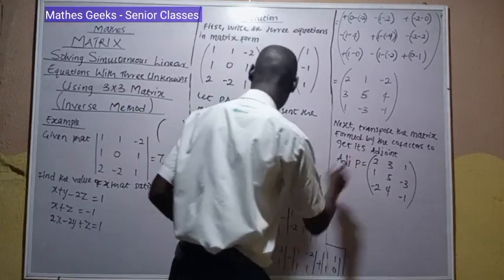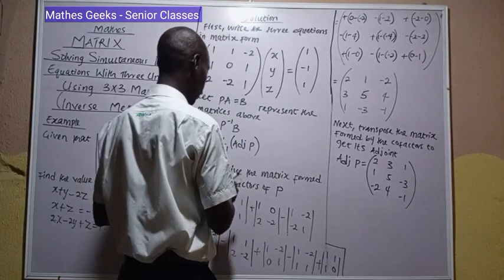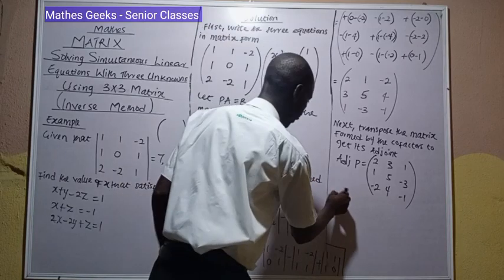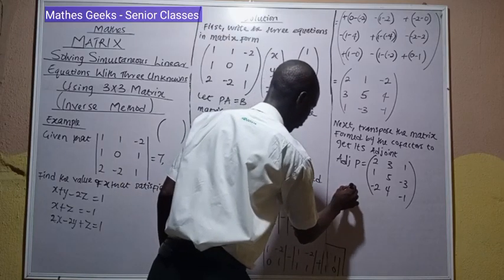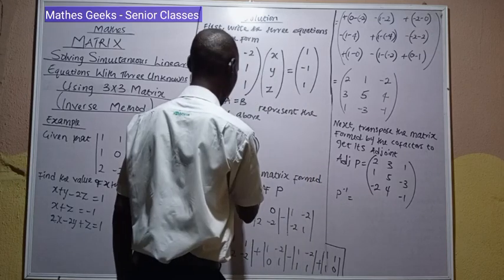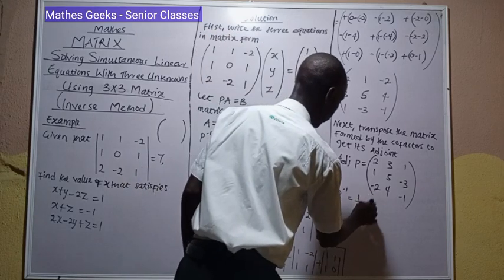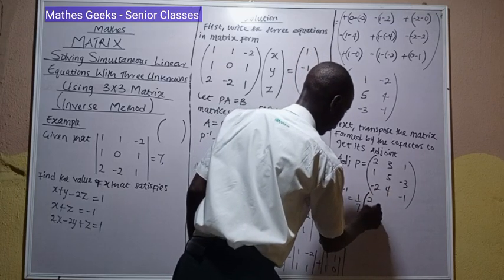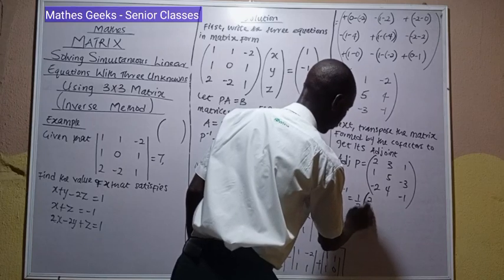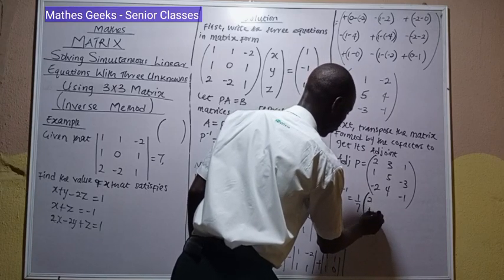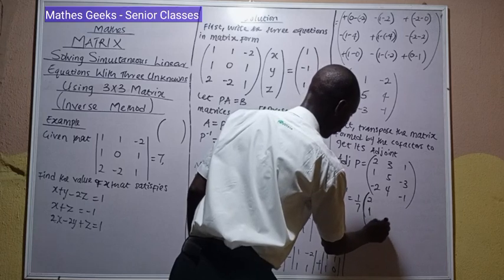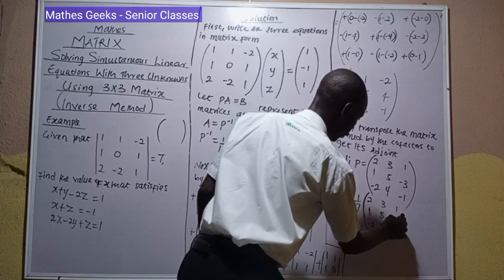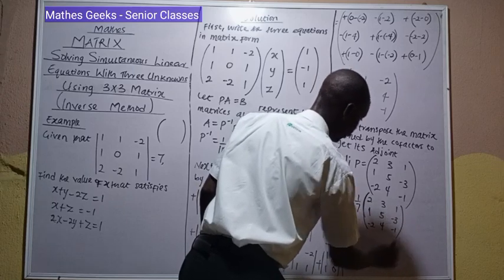Remember that P inverse is equal to 1 over determinant of P times the adjoint of P. So P inverse is equal to 1 over the determinant of P, which is 1 over 7, times the adjoint of P, which is 2 1 2 1 minus 2 3 5 4 1 minus 3 minus 1.